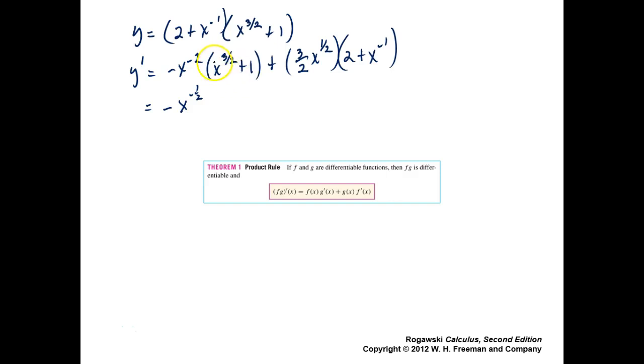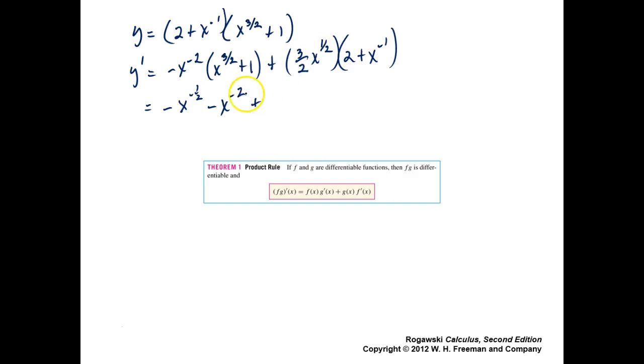What's the second term? Distributing, not foiling. Minus x to the negative 2. Yeah. Times 1, it stays the same. Okay, how about the next one?